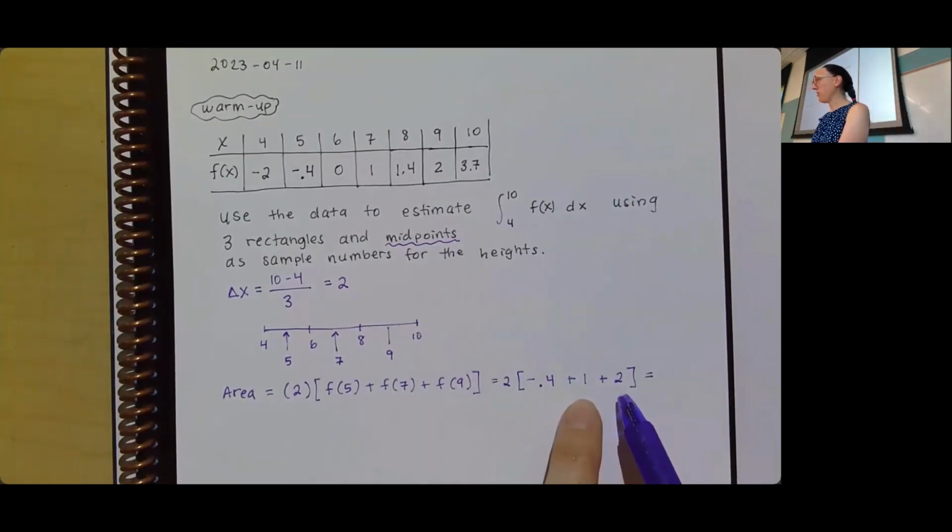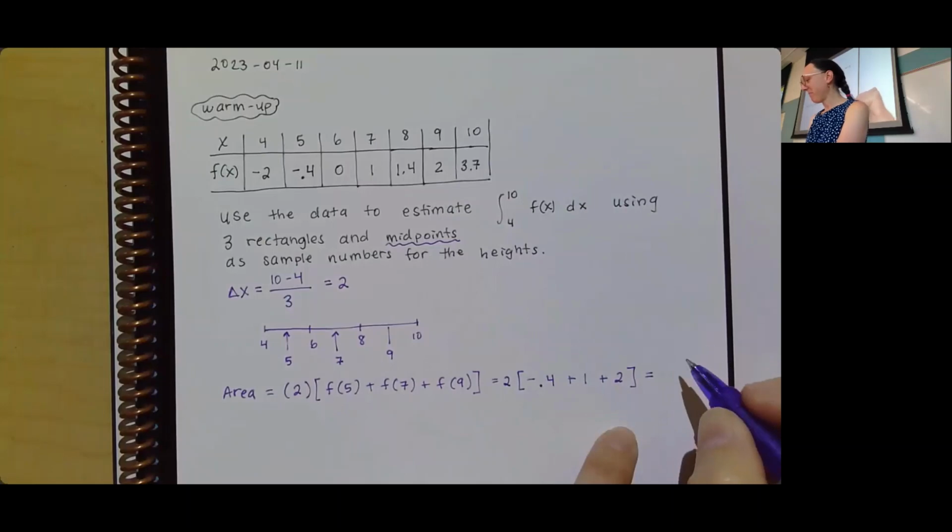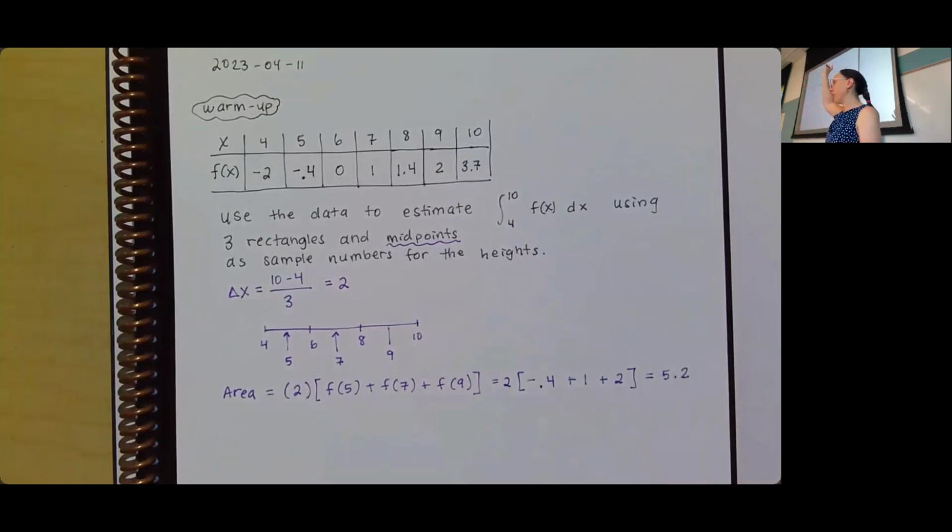What's 1 plus 2? And I'm adding negative 0.4, so I should actually be at 2.6, and 2.6 times 2 is really... how many people got 5.2?